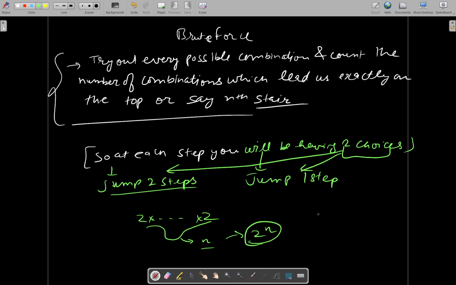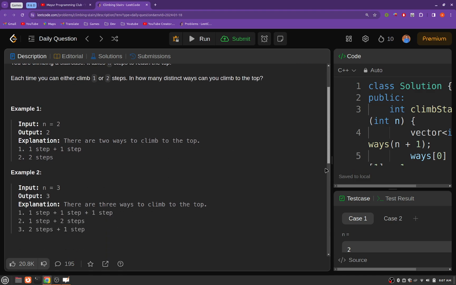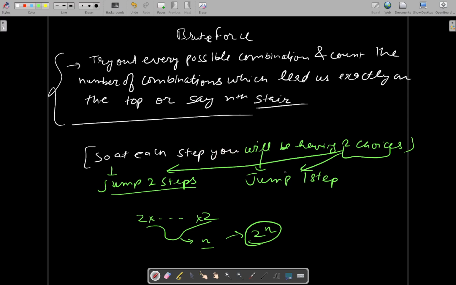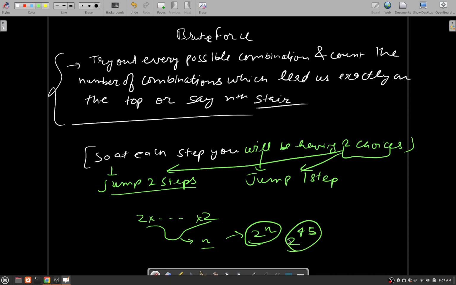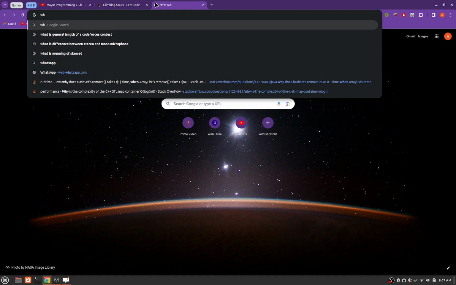Okay, and n is of order 45, as you can see from the constraints. It's mentioned here. So 2 raised to power 45. Let's see what 2 raised to power 45 is. Or let's say not 45, let's see what 2 raised to power 20 is.